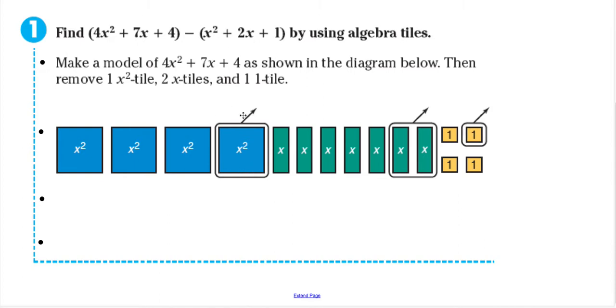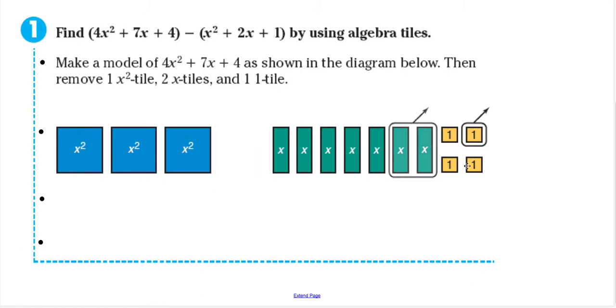That's the reason why this is put in a box, with the arrow going out, meaning you want to take that away. The 2 x tiles we want to take away, and then 1 tile, the unit tile, we want to take away. So if we take the x squared plus 2x plus 1 away, this is what's going to be left.